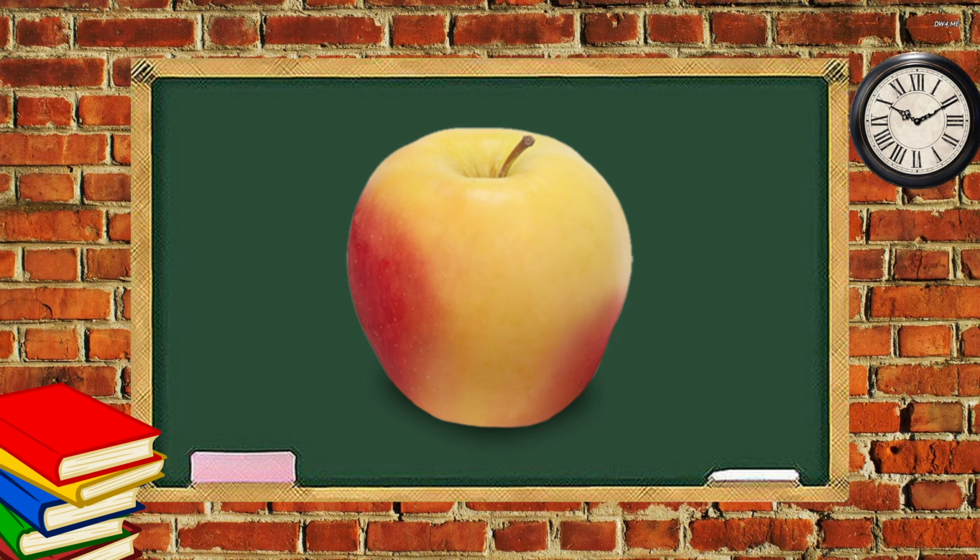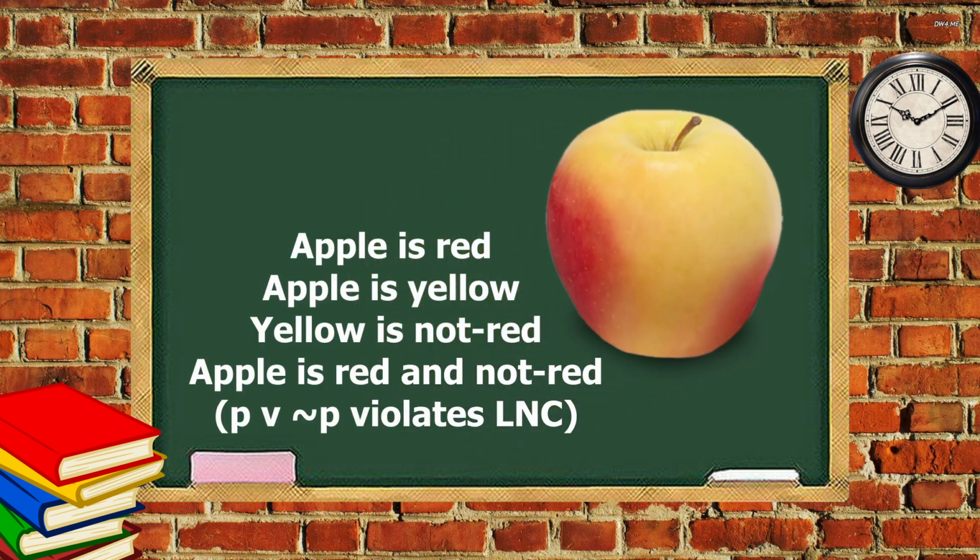The proposition the apple is red is true, and the proposition the apple is yellow is also true. Yellow is not red, and so the proposition, the apple is red and not red, would violate the law of non-contradiction, which I discussed in Part 1 on the laws of logic, and if it violates the law of non-contradiction, it by extension violates the law of bivalence.